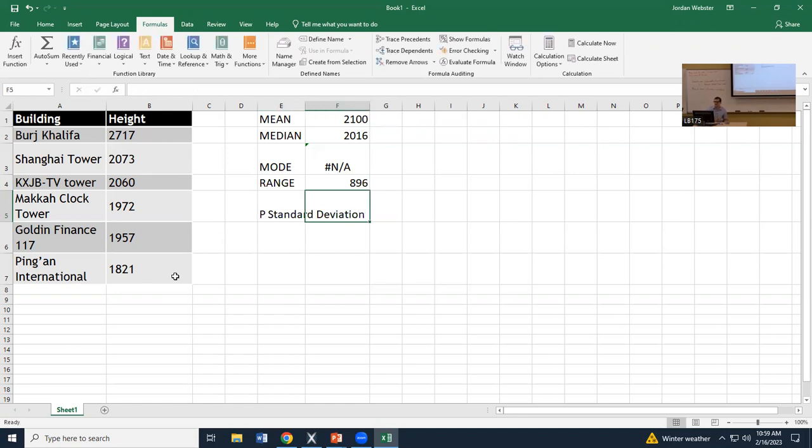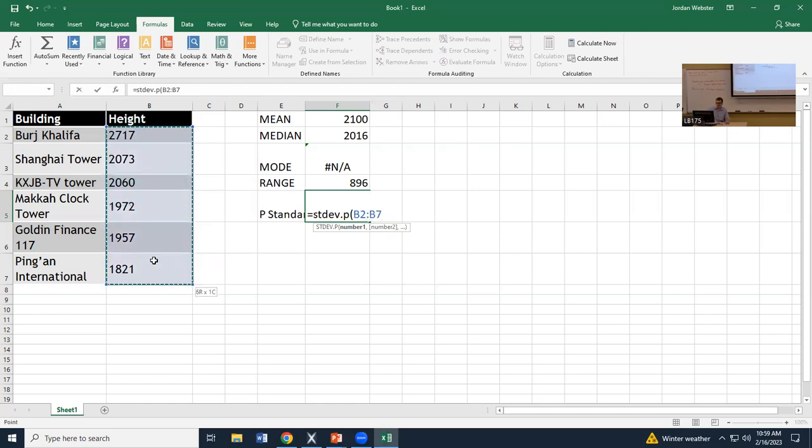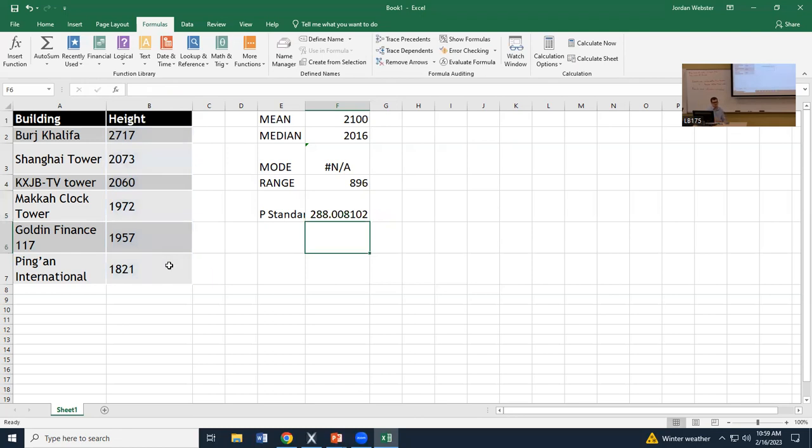And then let's look at the population standard deviation. Now the standard deviation for the population is STDEV.P. I just highlight those numbers. And there you go.